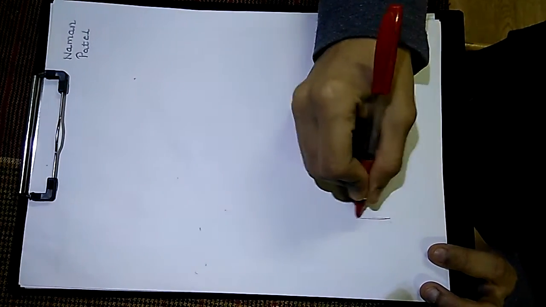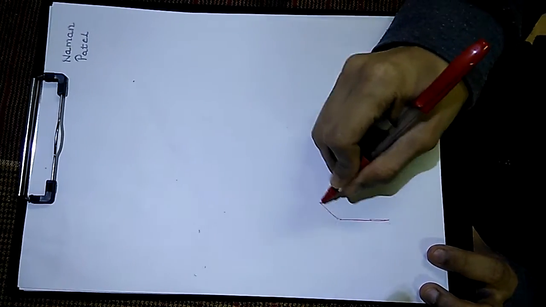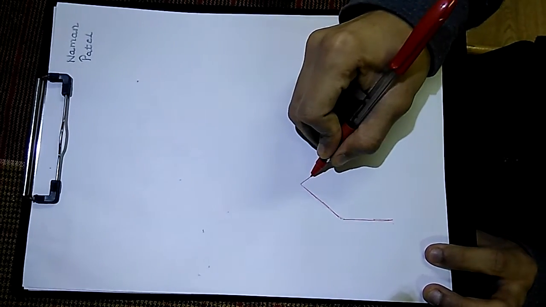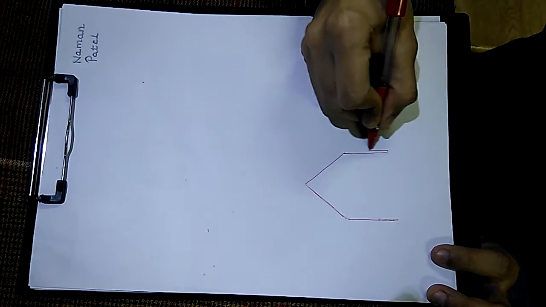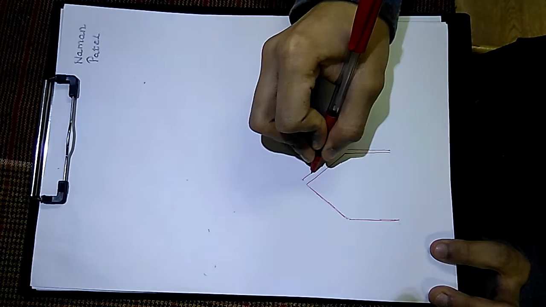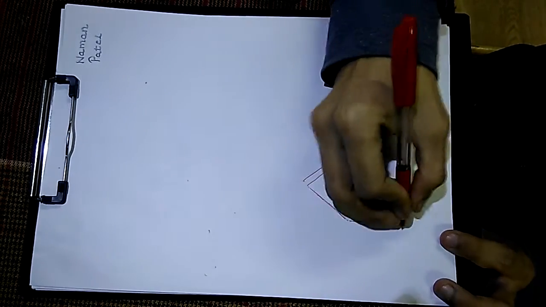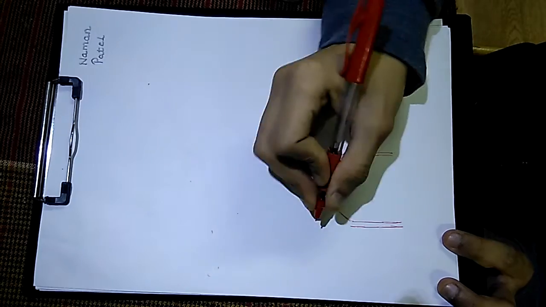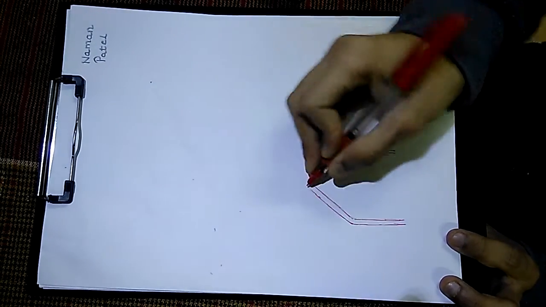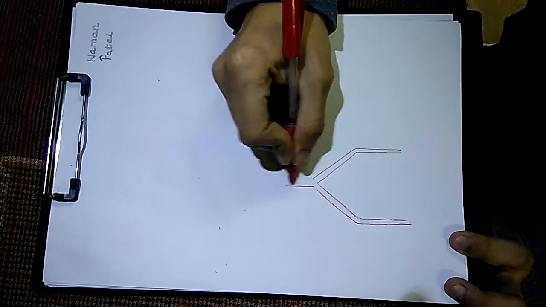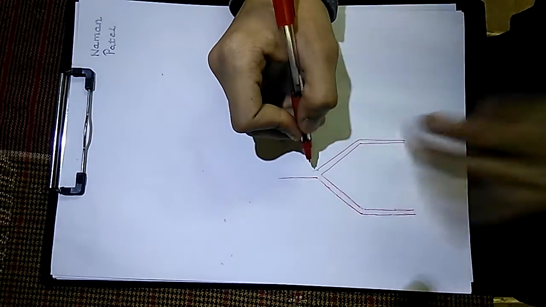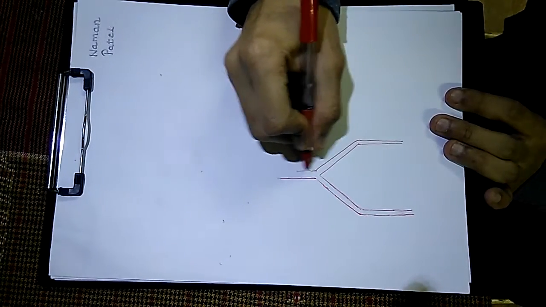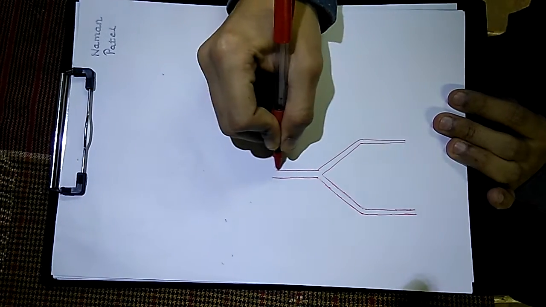So let me just make a very quick diagram so it will be helpful for you to understand things. Okay, this will go like this. What are these? These are vertebral arteries, and this is the pontomedullary junction, you just have to imagine it. I'm not going to repeat it because in my earlier videos I have mentioned everything.